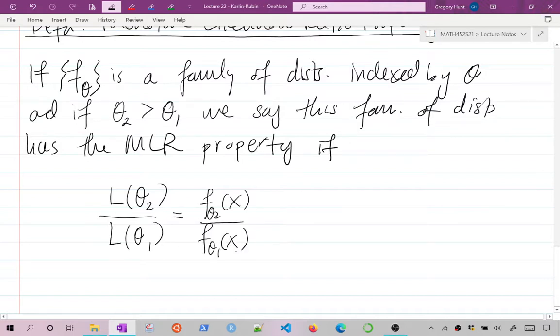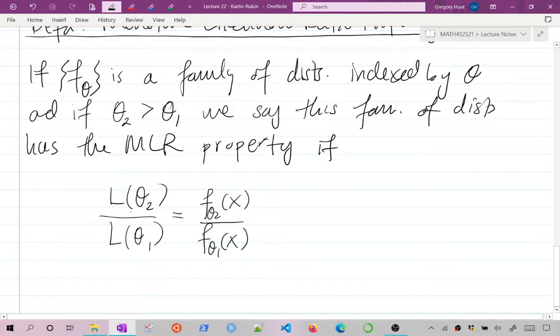All right, so we're not looking at a joint distribution. It's a family of distributions, so it's one x at a time, right? And we're going to look at basically the ratio of the PDFs at theta 2 and theta 1. You can think of that as L of theta 2 over L of theta 1 in some sense.